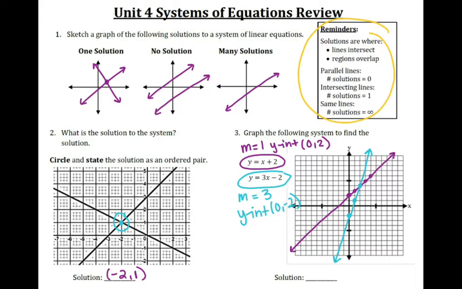So here is where the solution is, and that ordered pair is 2, 4. So my solution for the system is at that intersection point of 2, 4.